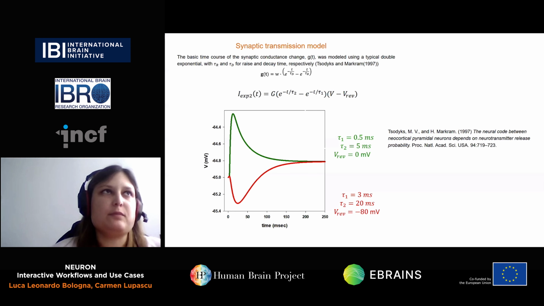The synaptic transmission model that was described here, and the parameters of this transmission model that were optimized, has a basic time course of the synaptic conductance change that was modeled using a typical double exponential with time rise and time decay, as in Tsodyks and Markram.